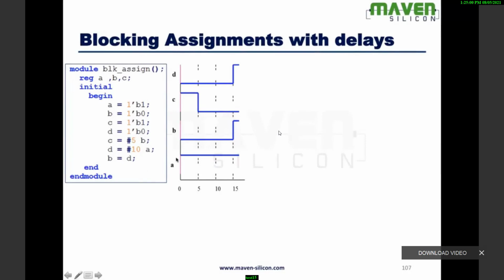Look at this. The initial value is A is 1, B is 0, C is 1, D is 0. And after 5 nanoseconds, C gets the value of B, which is 0. So C becomes 0 after 5 nanoseconds. Look at here. Whether it is right hand side or left hand side, just add the delay. Then after 15 nanoseconds, this is 5, this is 10.